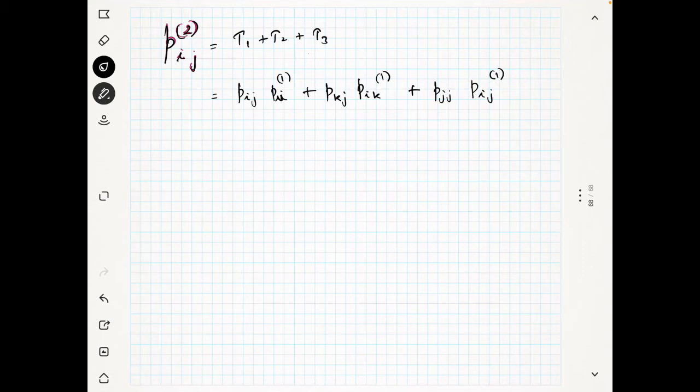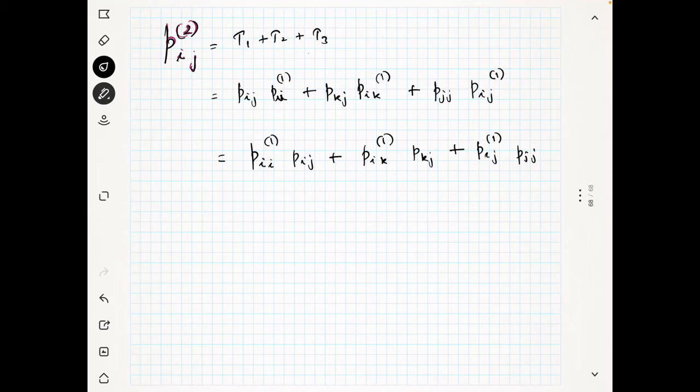Or we can write it as pii of 1 into pij plus pik of 1 into pkj plus pij of 1 into pjj.